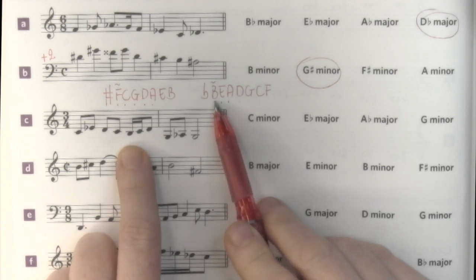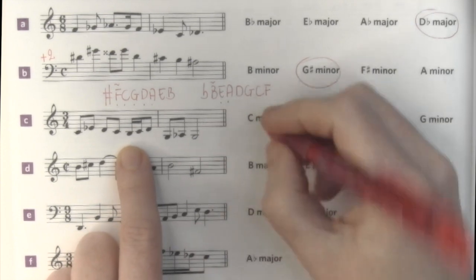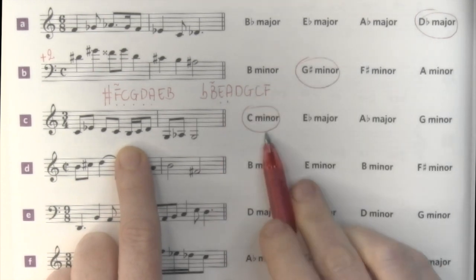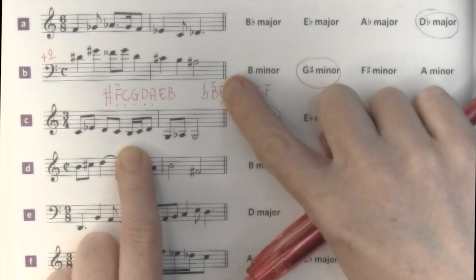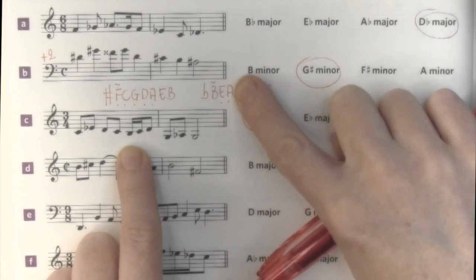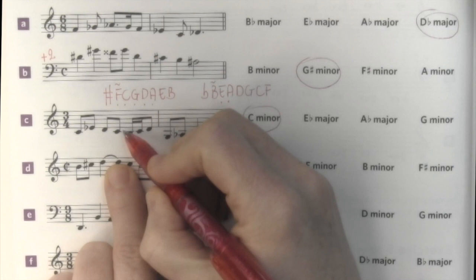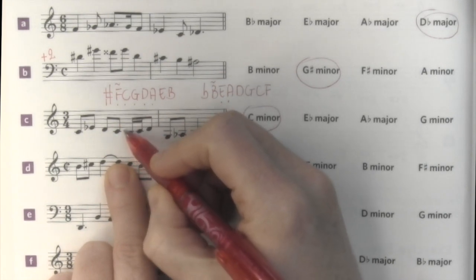So the key is a semitone above this, so C minor. C minor is the relative minor of B flat, and B flat has 3 flats, and this is it. So basically this was flat, but then it was raised.